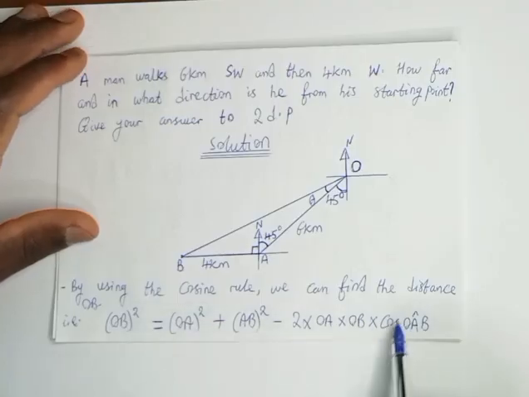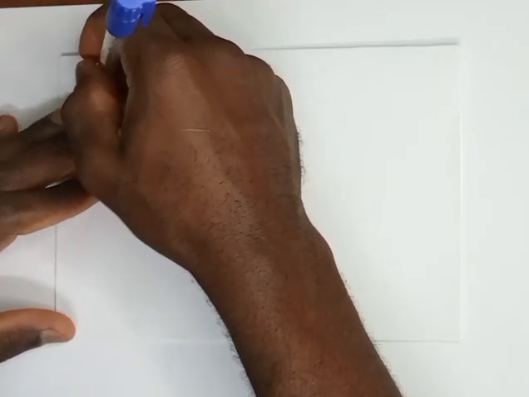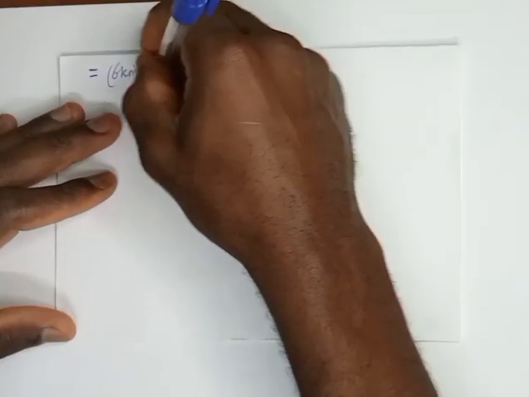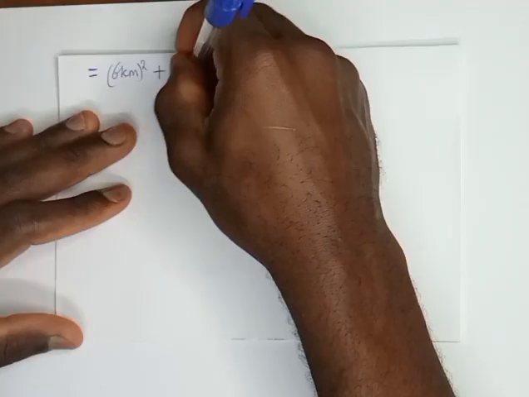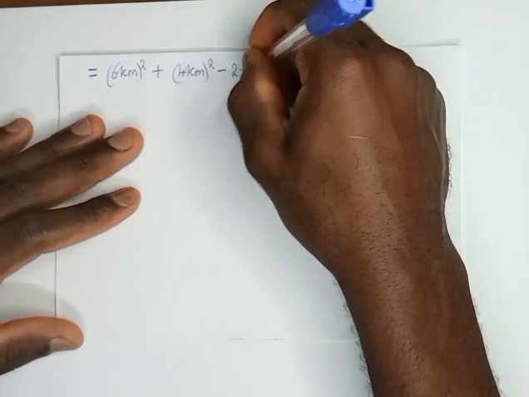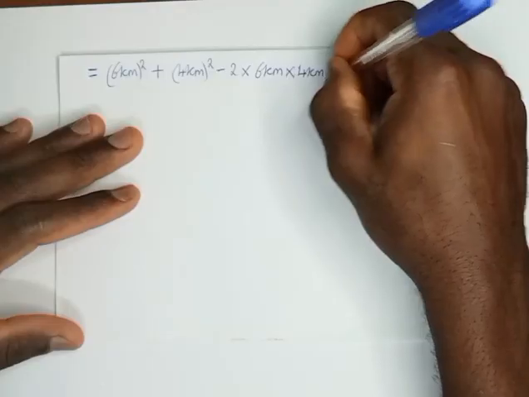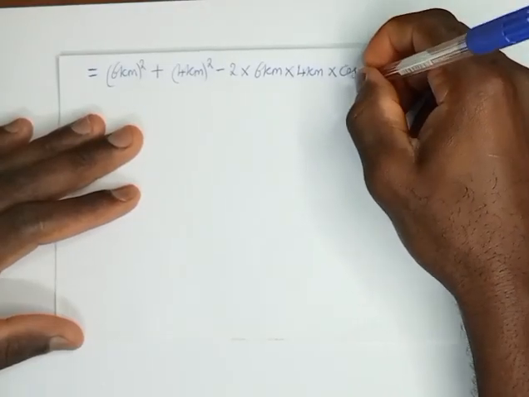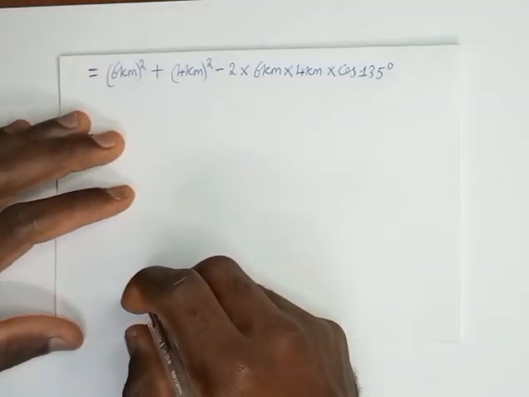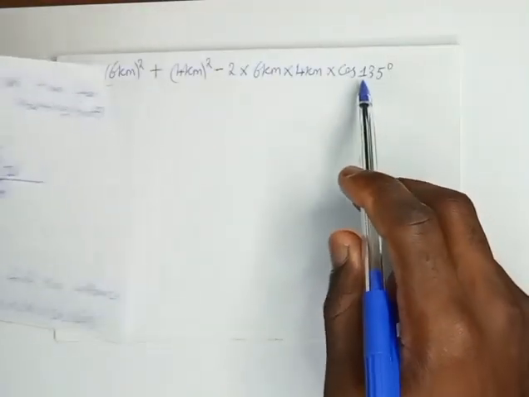Now inserting the values, this will simply be equal to OA is 6 kilometers, square this, plus AB, which is 4 kilometers, we square this, minus 2 times 6 kilometers times 4 kilometers times the cosine of the angle 135 degrees. Since 90 degrees plus 45 degrees gives us 135 degrees.